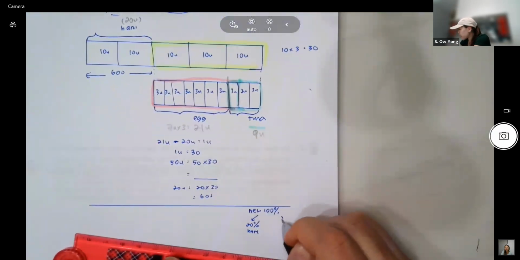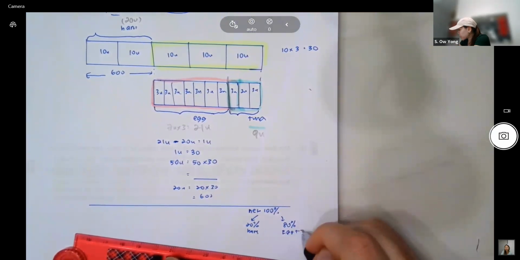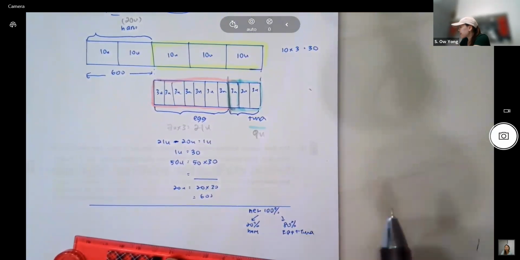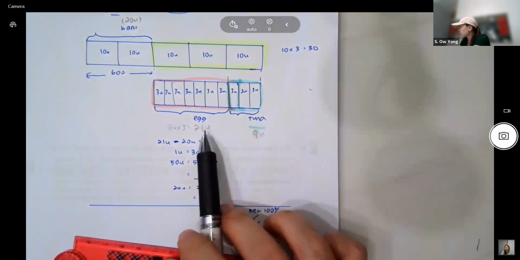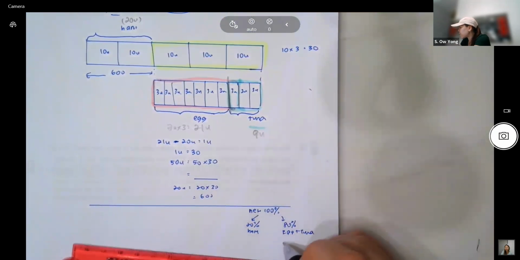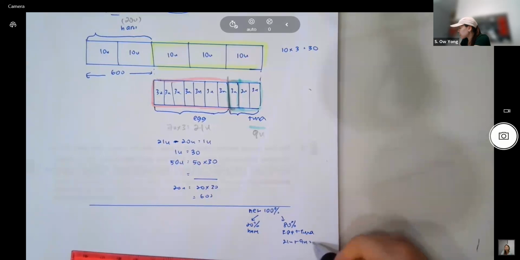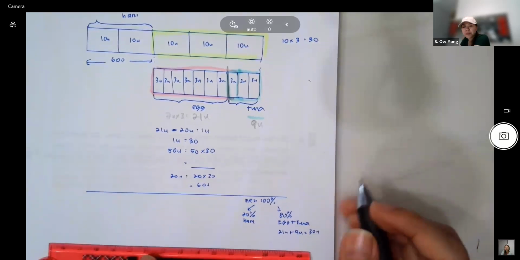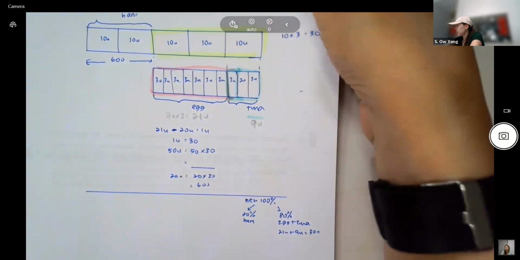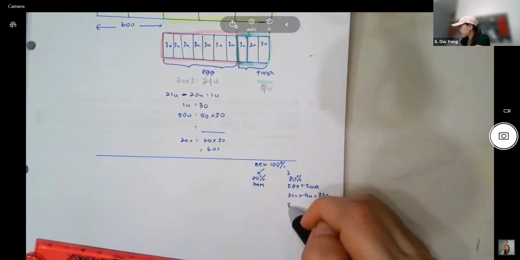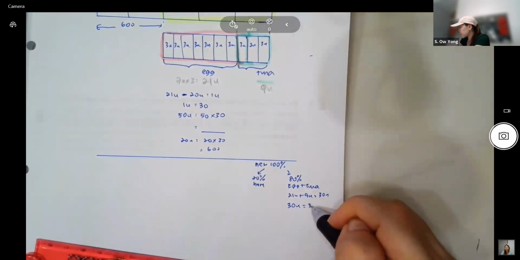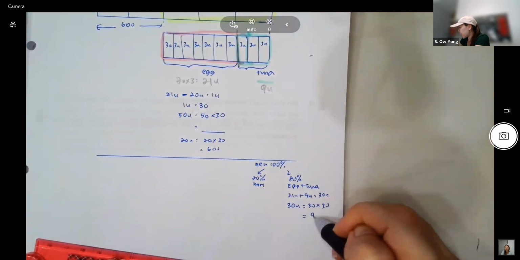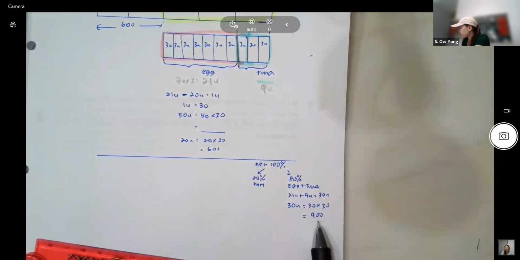So the rest of the 80% will be egg plus tuna. 21 units plus 9 units is 30 units. Okay, 30 units is 30 times 30, which is 900 lah. That means my 80% is 900 sandwiches.